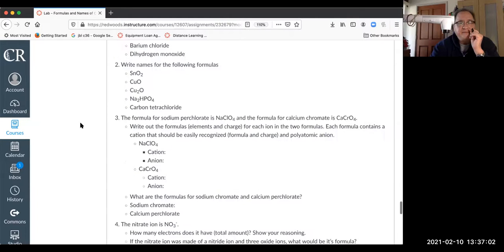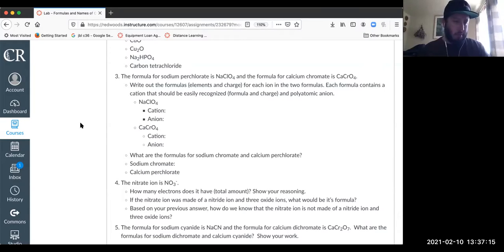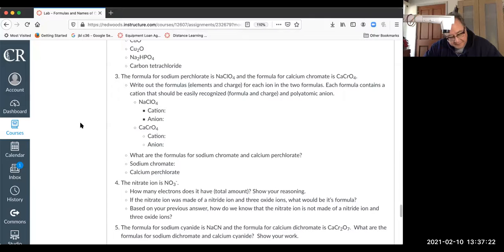Okay. So we have that the formula for sodium perchlorate, I'm writing some things down here, and I'll share that with you in just a moment. Sorry about that confusion. No worries. And calcium chromate is CaCrO4.